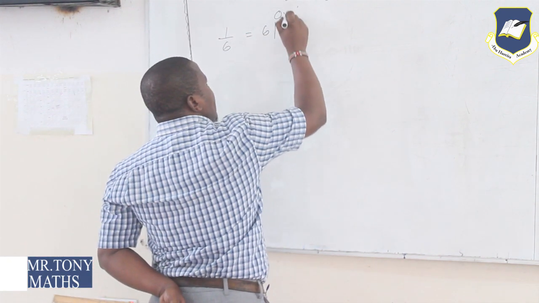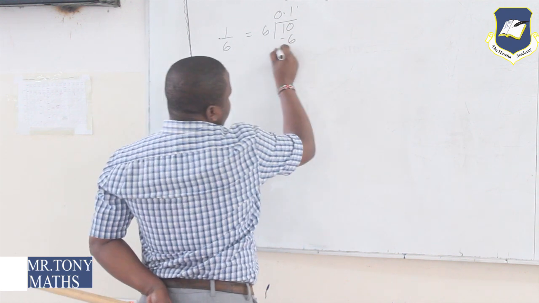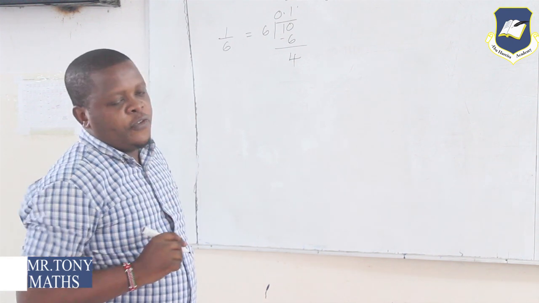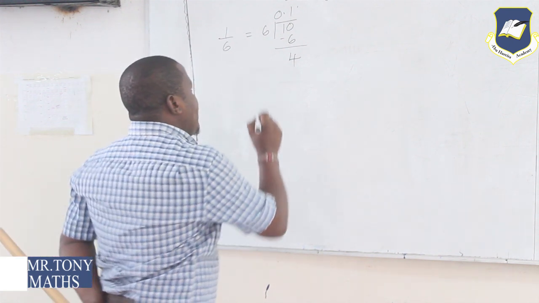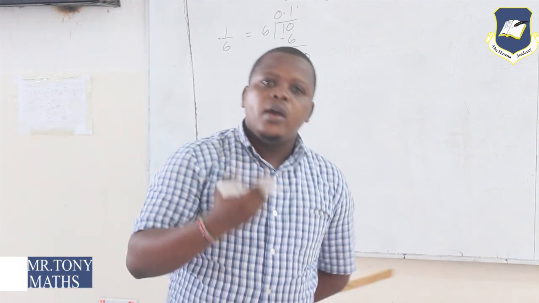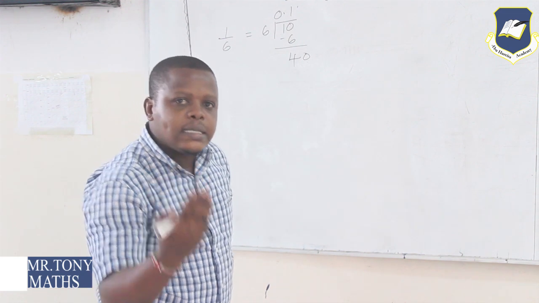6 will go into 10 once. So that gives you 6, subtract, gives you 4. 6 won't go into 4, so you add a 0 here to make the 4 40. Then you move on with your division. You find out that 6 goes into 40 6 times.